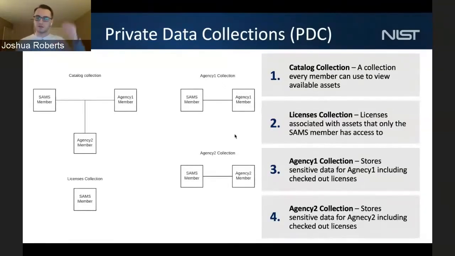We have two main collections. The first is the catalog collection, which is the catalog of assets that are going to be available for leasing. Then we have the license collection, which just stores the licenses that are available, and only the SAMS member, the managing member of the network, will have access to that.